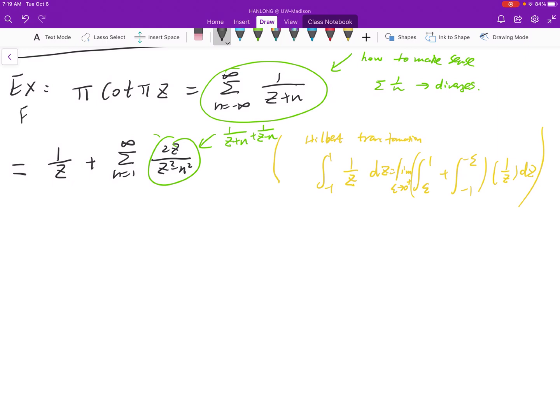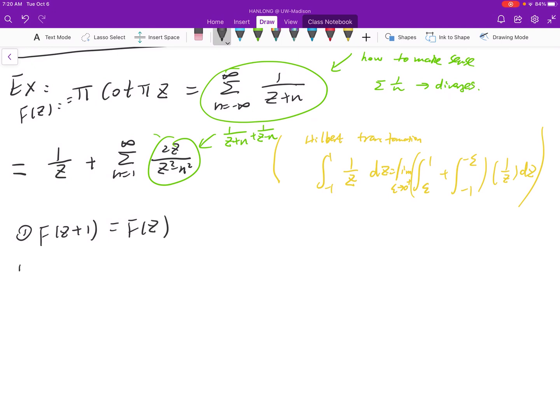We call this F(z). So first, F(z+1) equals F(z), so it's periodic.